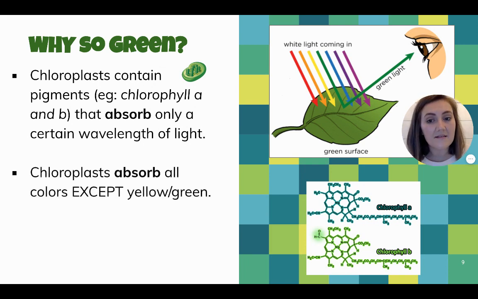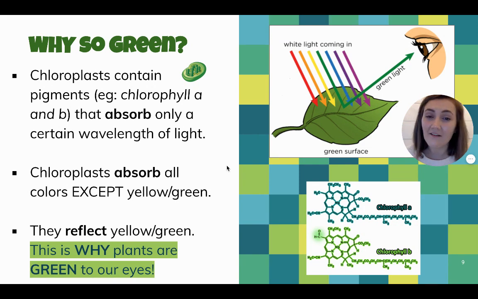So chloroplasts are going to be absorbing all the colors except for yellow and green. If you remember back to your Roy G. Biv days, you know that white light contains all the wavelengths of colors. Chloroplasts will absorb all of those wavelengths except for the color green and a little bit of yellow.